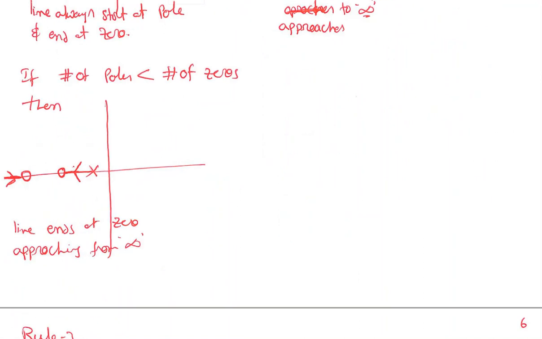If you have more zeros than poles, so I have 2 zeros and 1 pole, we will end up having 2 loci. One starts at the pole, and another one comes from infinity and reaches the zero. So always remember, a locus always reaches a zero and always starts from a pole.